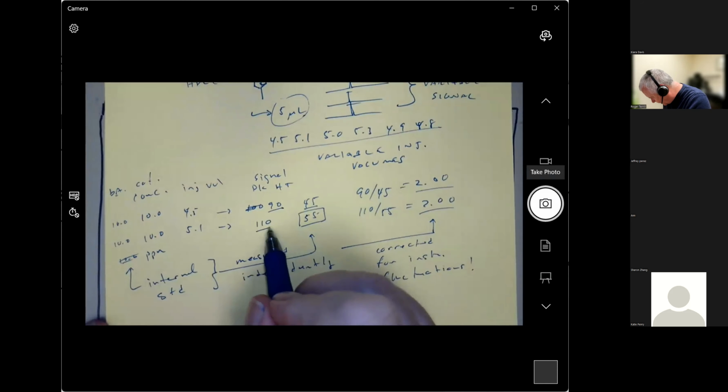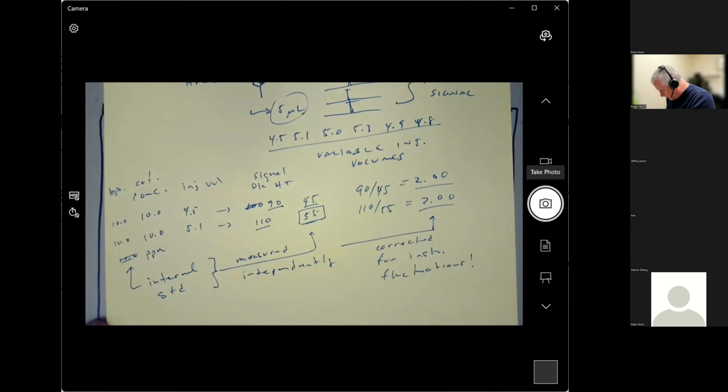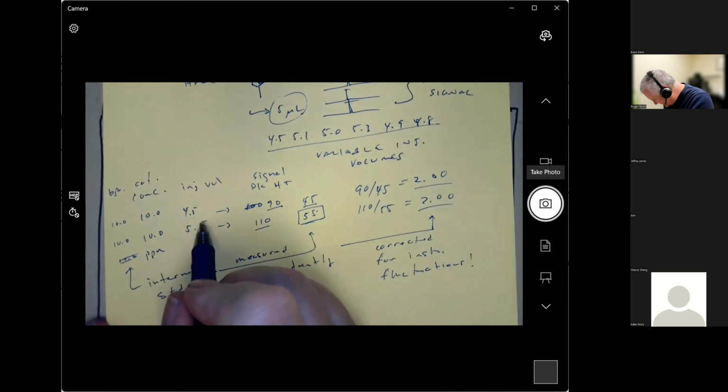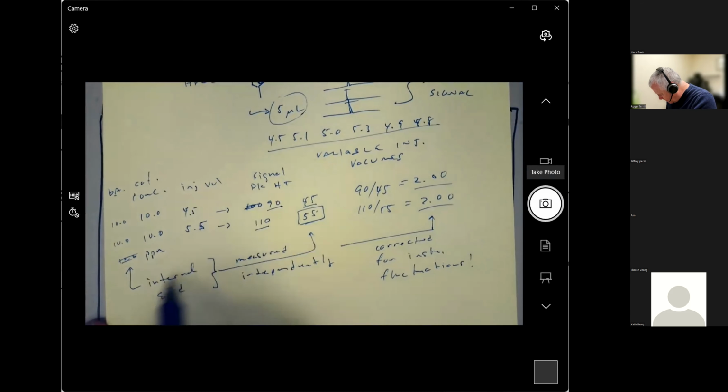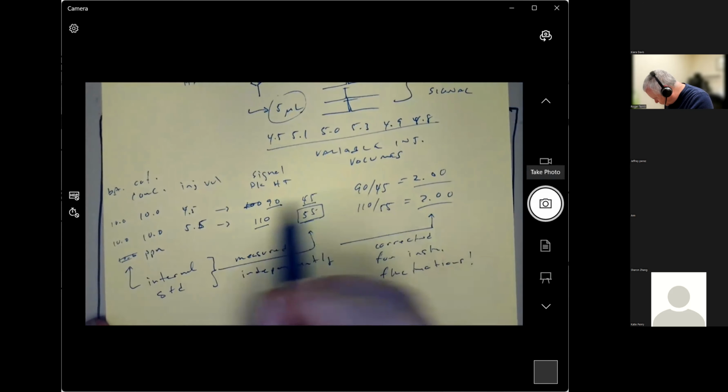And if it's 110 there, it's half of it there. Right. So I think it probably should have been 5.5 here. But there's this relationship, right?